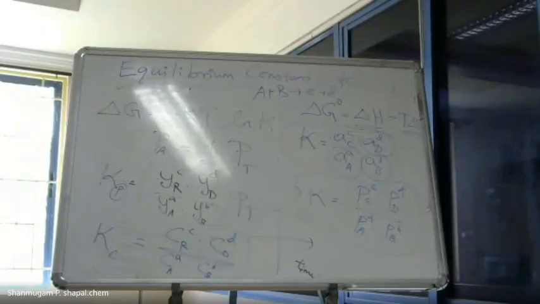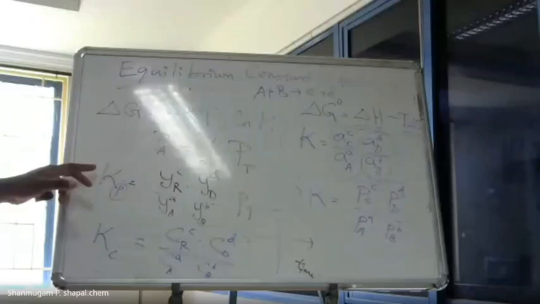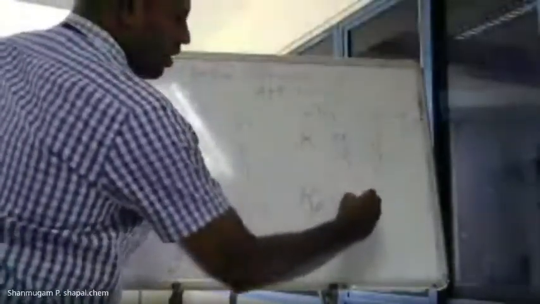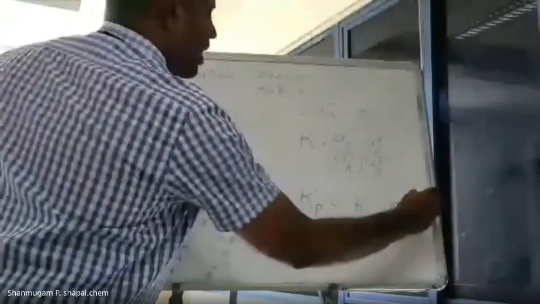If you want to relate this to Kc, it is only the pressure relation here. Further, you can relate these two in a simple way: Kp equal to Kc (RT) to the power delta n.